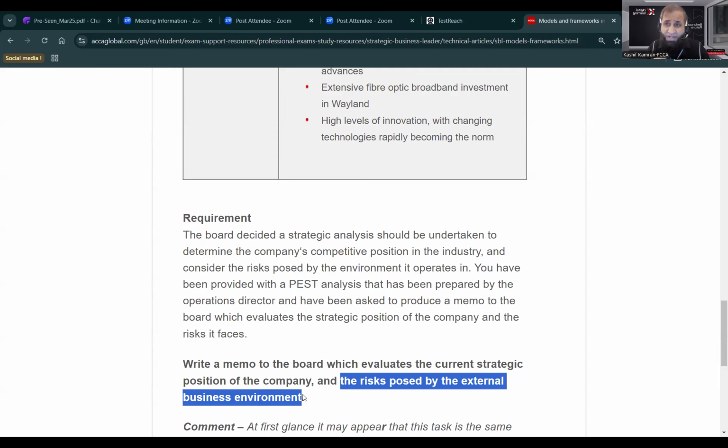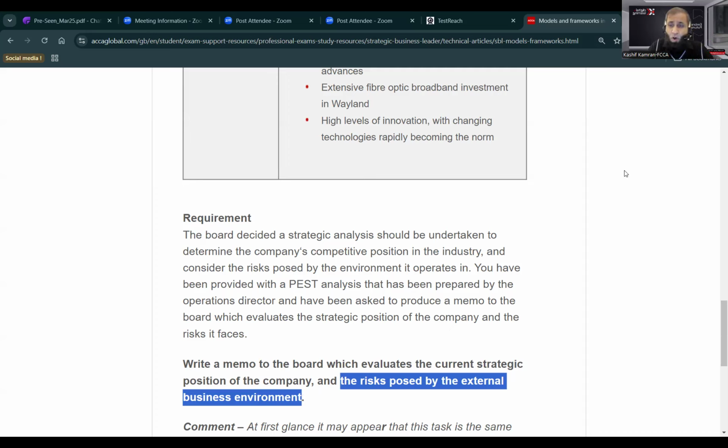So that's my current strategic position. Where am I as a business? Where am I standing today as a business? My strengths and my weaknesses. So my present is S and W. My future is opportunities and threats, which come from the external business environment. So even this question gives us a hint of the model.